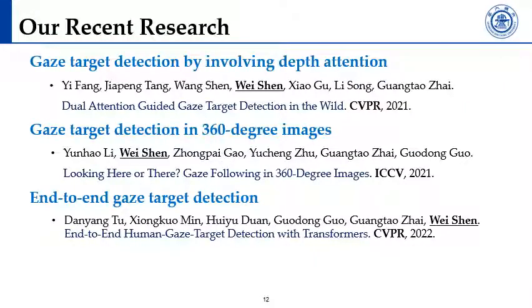Okay. Now we introduce the second work, which detects gaze targets in 360-degree images. The title is Looking Here and There: Gaze Following in 360-degree Images. This work was accepted to ICCV 2021.